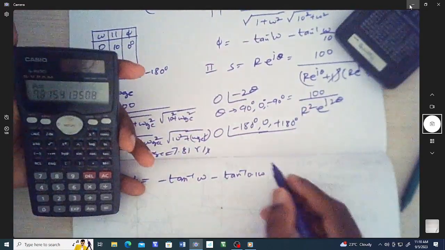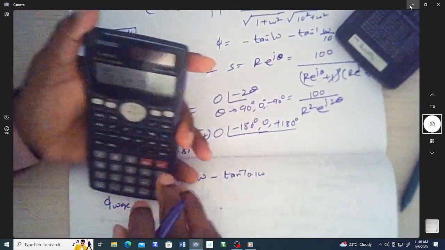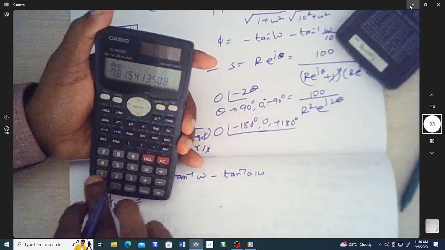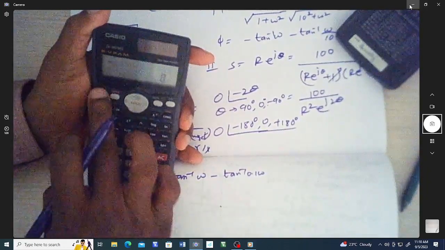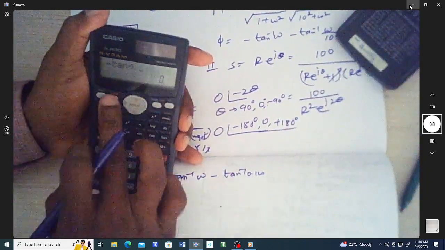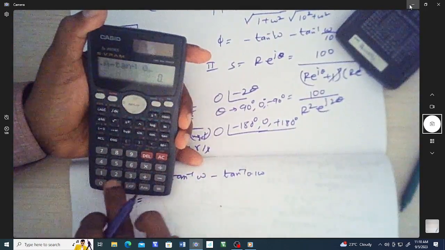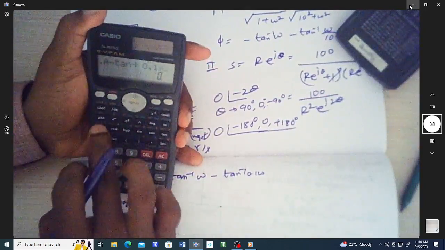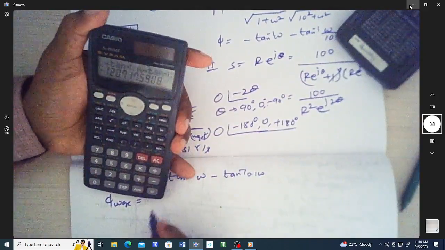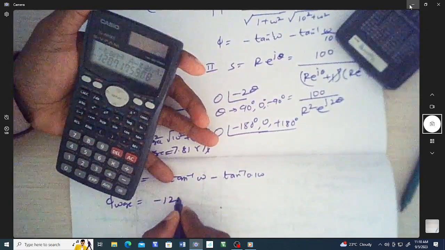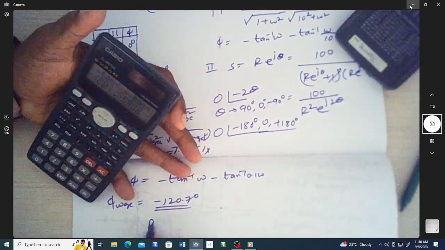I want to find phi at omega gc, which is minus tan inverse of omega gc minus tan inverse of 0.1 omega gc. When I calculate this, you can see it is minus 120.7 degrees.